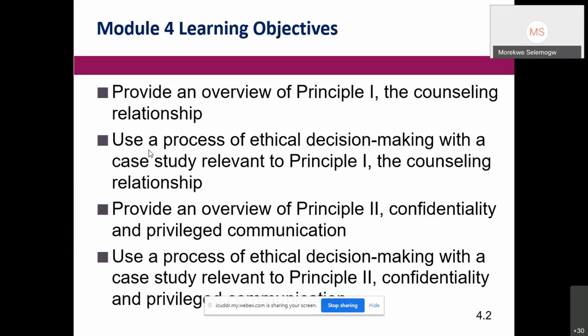We'll use the information that we've garnered about what the principle entails to make ethical decision making using a case study that is relevant to the specific principle of principle 1. We are hoping that you will also be able to provide an overview of principle 2, which is confidentiality and privileged communication. In the same breath, use a process of ethical decision making with a case study that is relevant to the principle of confidentiality and privileged communication.